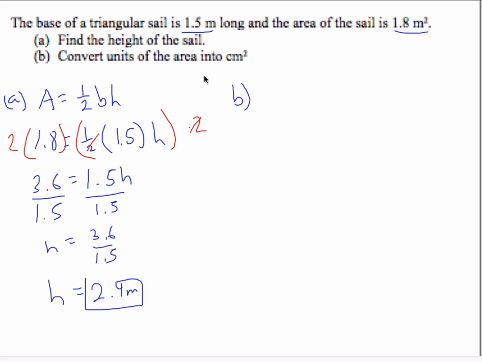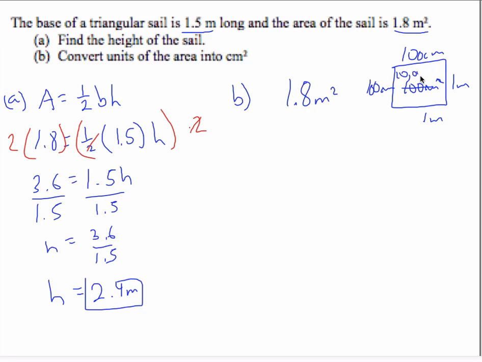Next, we're going to convert the units into square centimeters. The area is 1.8 meters squared. We have to be very careful about converting square units. If we have 1 meter squared, that's actually 100 centimeters by 100 centimeters.